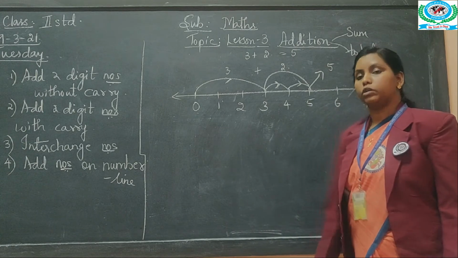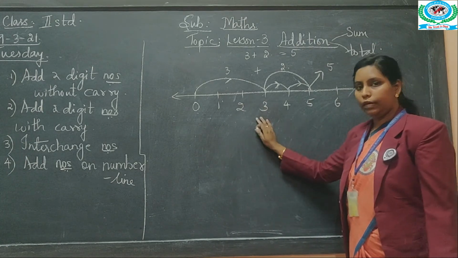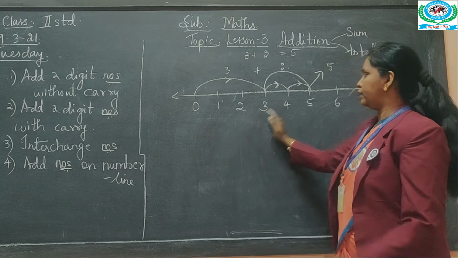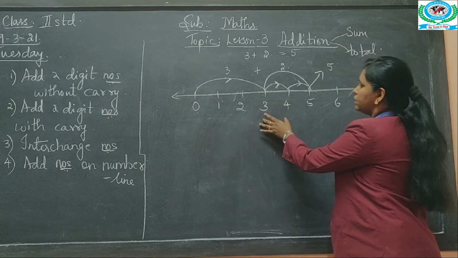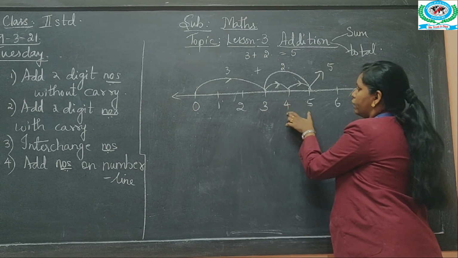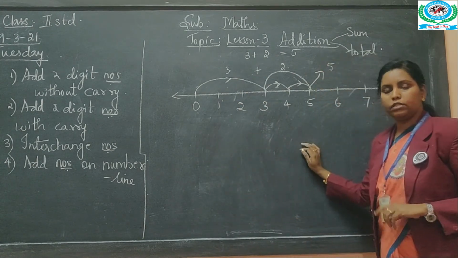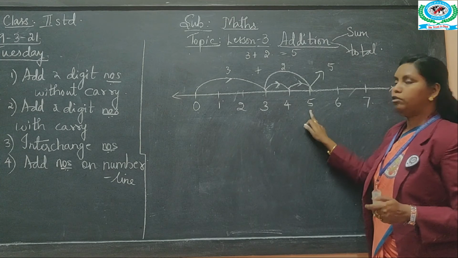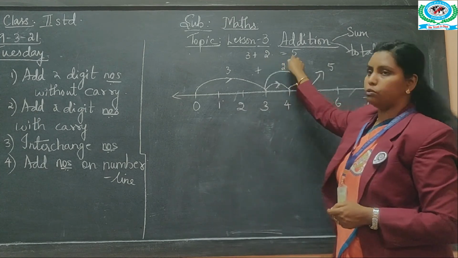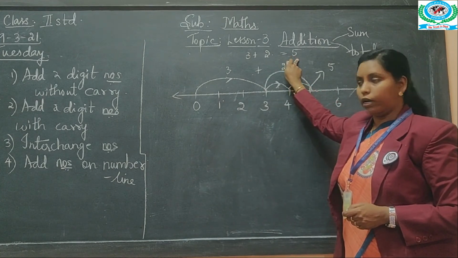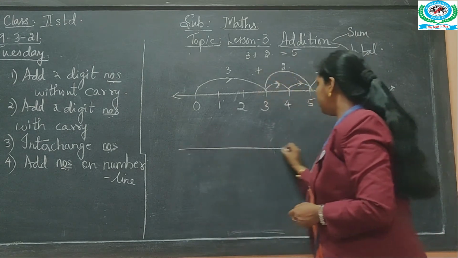The first step is to 3, and the next 2 steps she is jumping are from 3 to 4 and from 4 to 5. So the total distance she covered is 5. So 3 plus 2 is 5. One more example we can give.